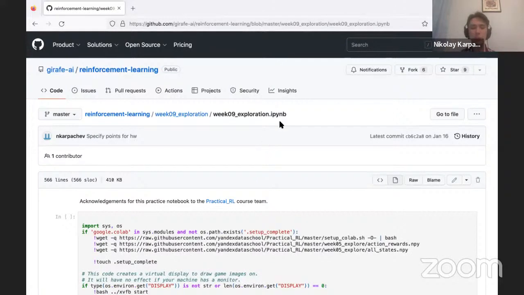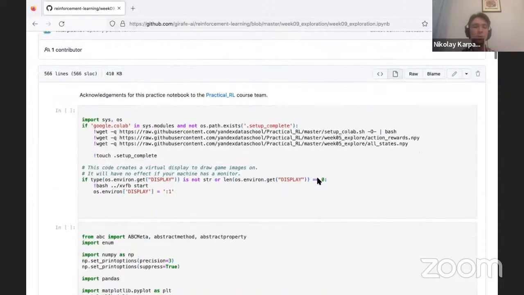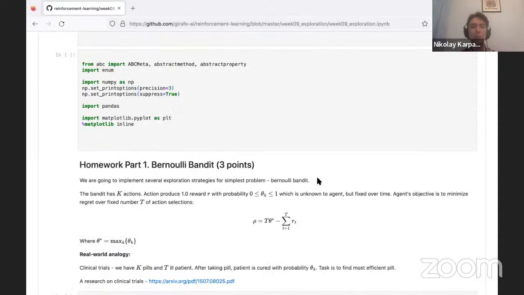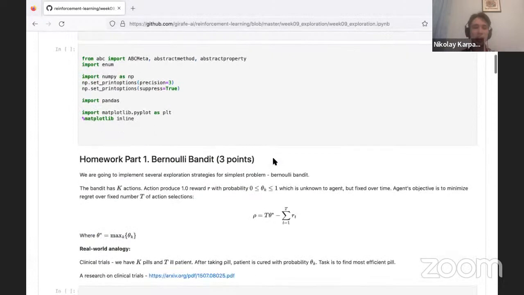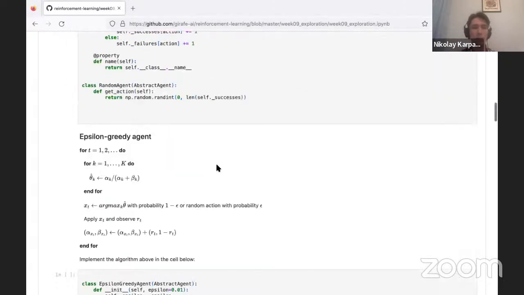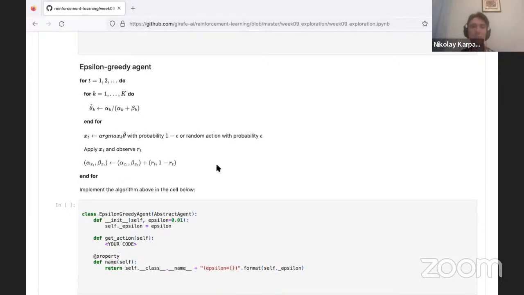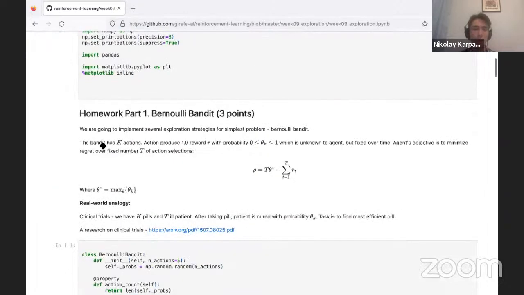So just to scan through the notebook, what's the homework about? This week we have an assignment which is dedicated to exploration strategies, and basically just to implement some easy versions of the algorithms which we have discussed and compare them in the simulated environment. So we have the Bernoulli Bandit, a very simple problem with only one state and k actions.